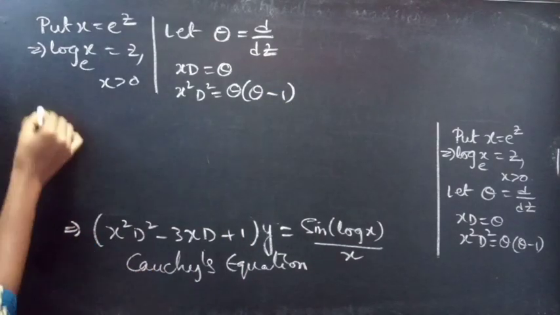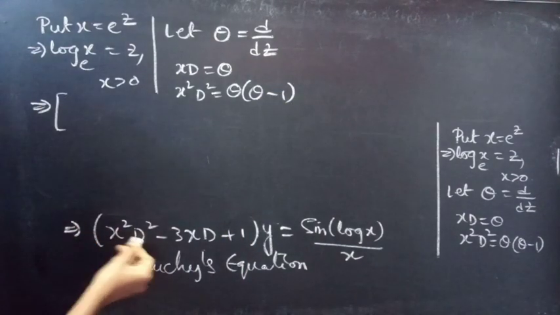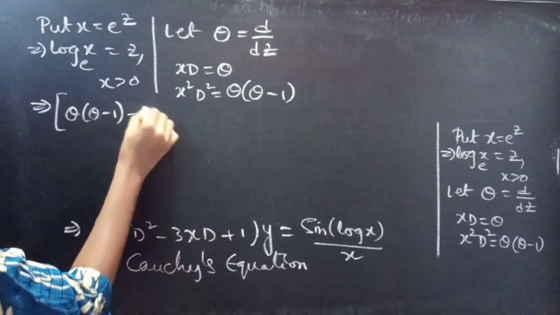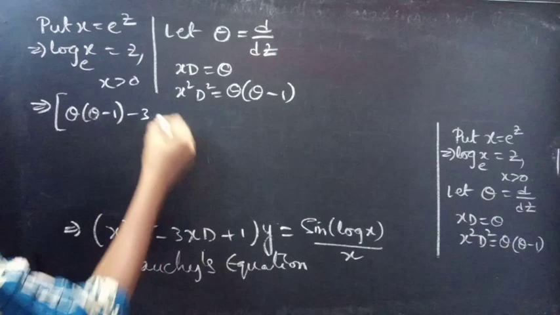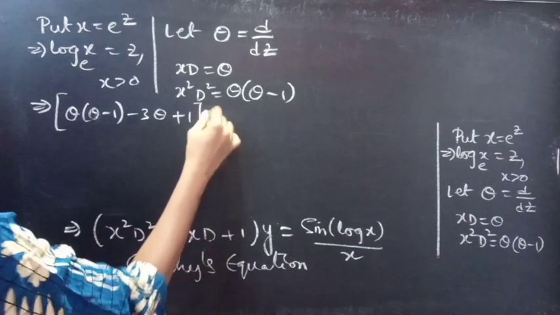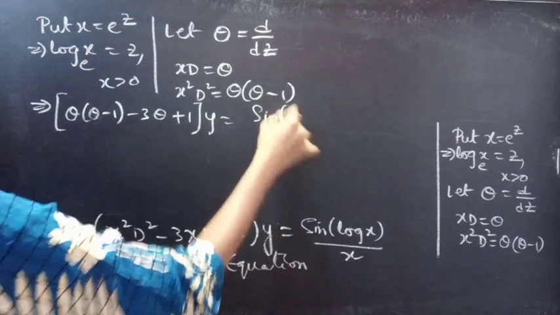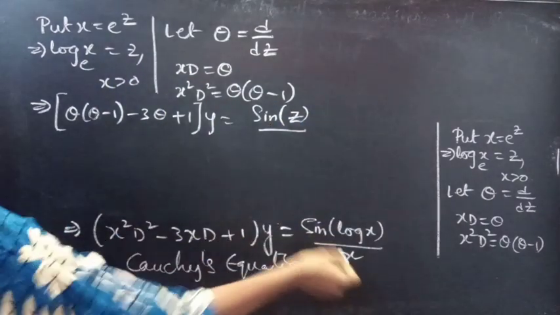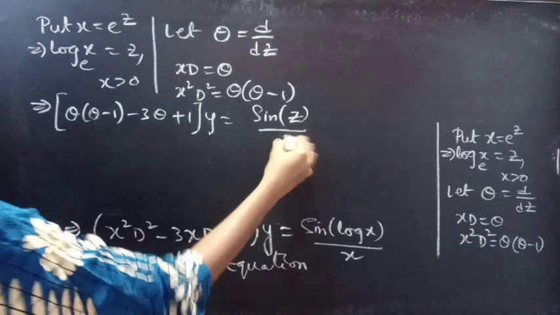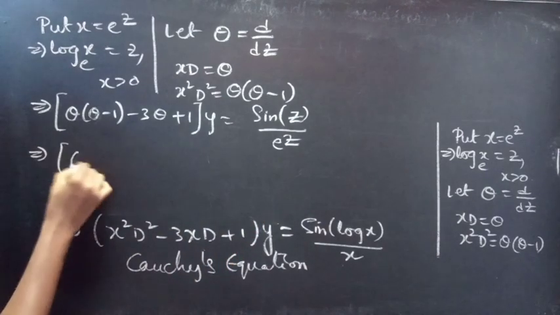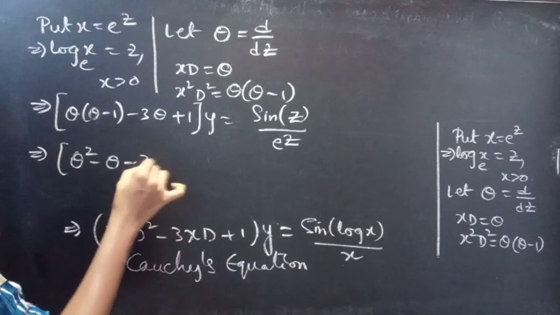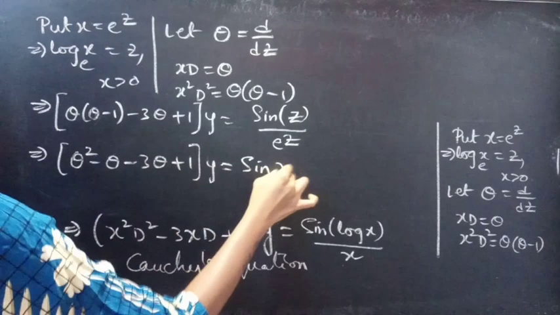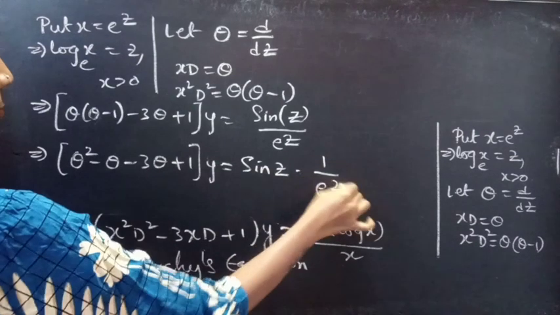Now this equation becomes, replace x square D square by theta into theta minus 1, minus 3 into replace xD by theta, plus 1 into y equals to sine of, replace log x by z, by replace x by e power z. Then theta square minus 3 theta plus 1 into y equals to sine z into 1 by e power z.